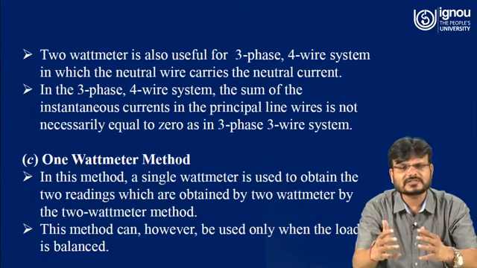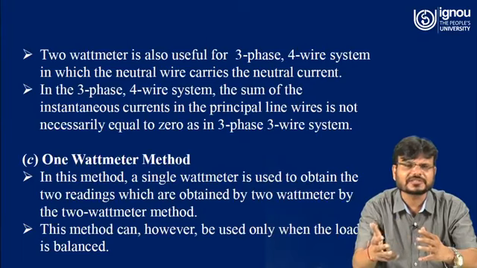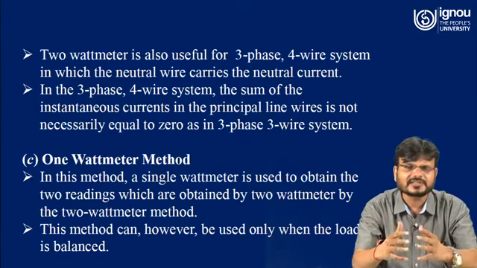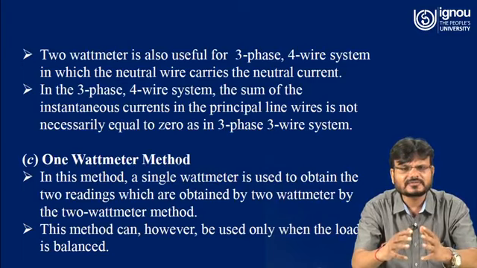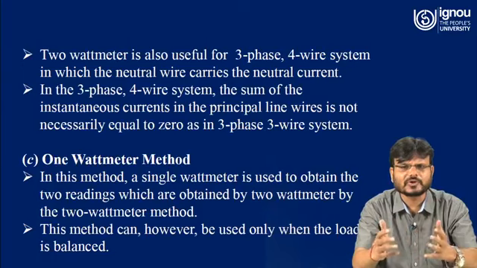The next method by which you can measure the power in a three-phase circuit is the 1 wattmeter method. In this method, a single wattmeter is used to obtain the 2 readings which are obtained by 2 wattmeters in the 2 wattmeter method.